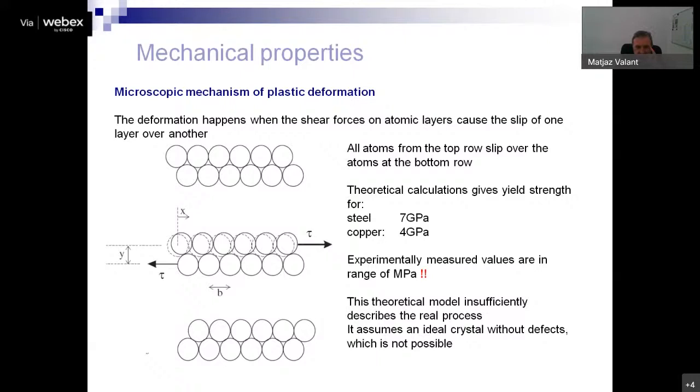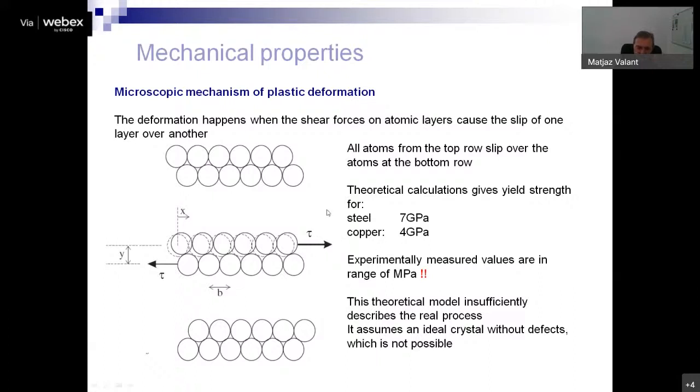So this picture seems reasonable, and based on this very simple picture, we can calculate the theoretical yield strength for different materials. We know that if we do this slip, then one layer must move some particular distance up in order to overcome the atom on the bottom layer. From that, we can calculate what kind of force is required to do that.